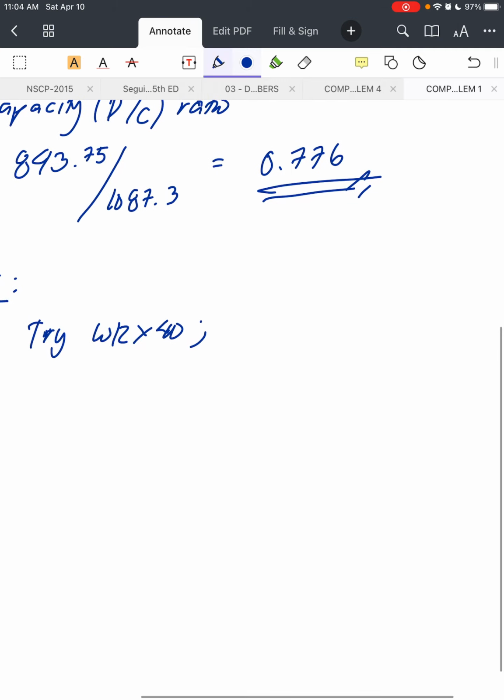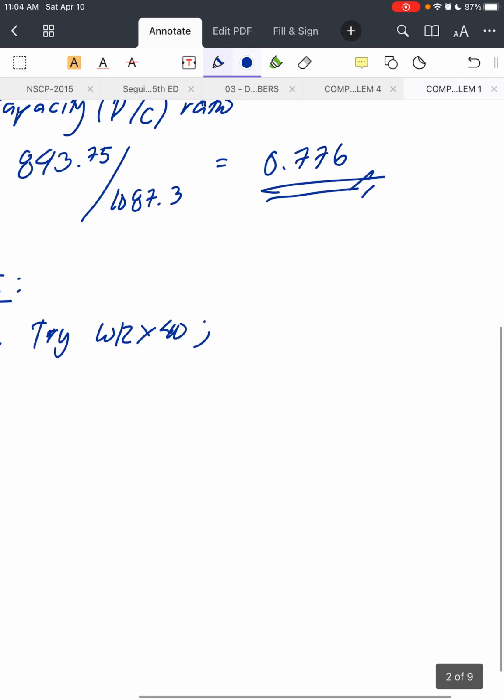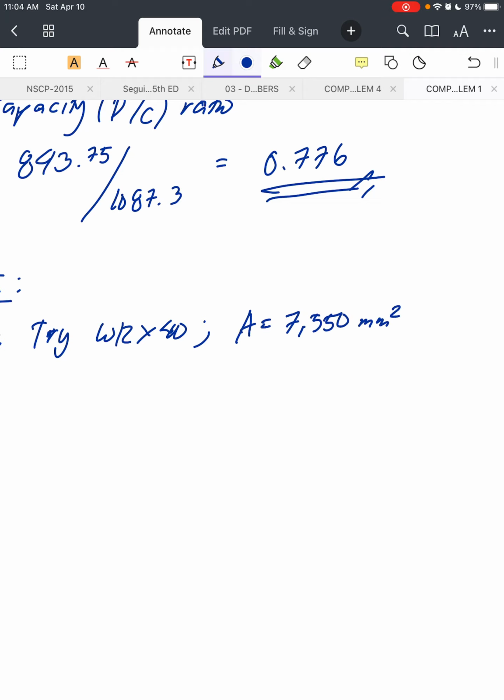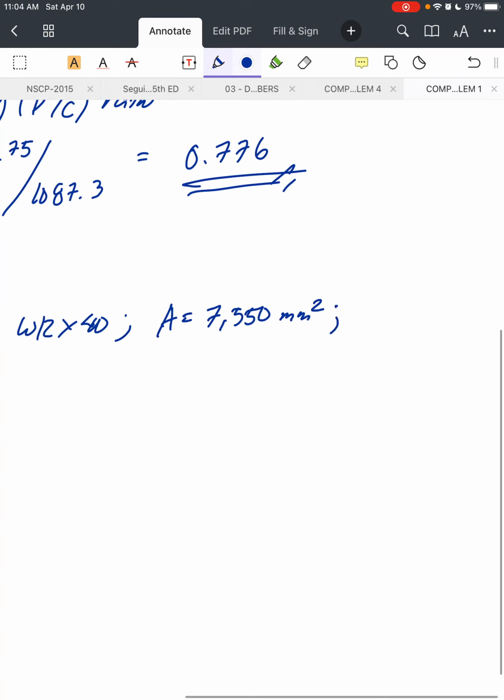Again, your A for W12 by 40 is 7,550 square millimeter, and your ry is equal to 49.3 millimeter.